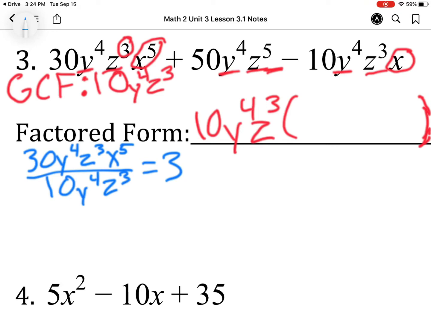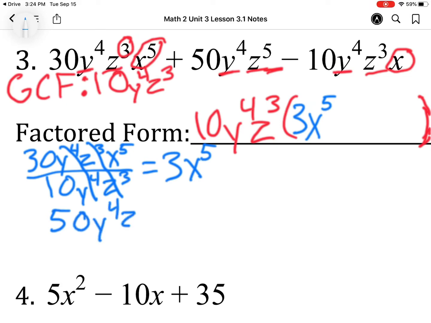So y to the 4th divided by y to the 4th cancels out. z to the 3rd divided by z to the 3rd cancels out. And you're left with x to the 5th. So 3x to the 5th. Then we've got 50, y to the 4th, z to the 5th, over our GCF.